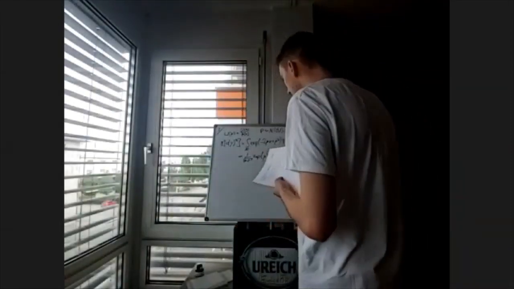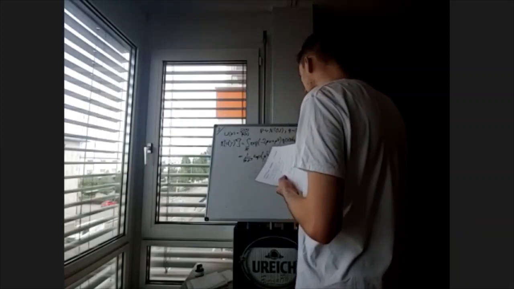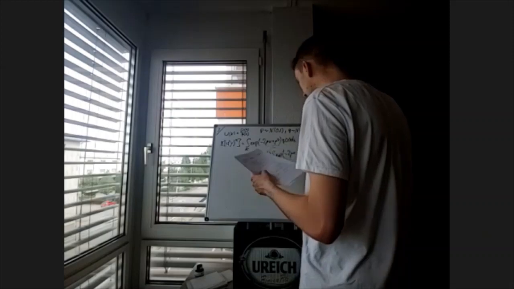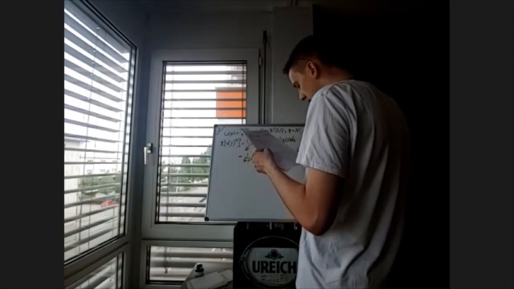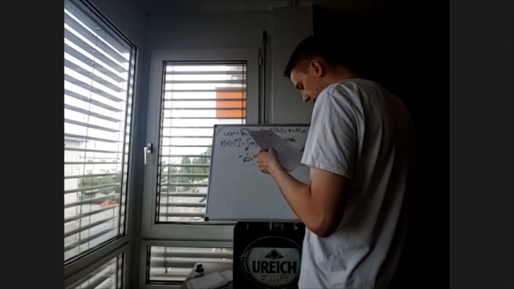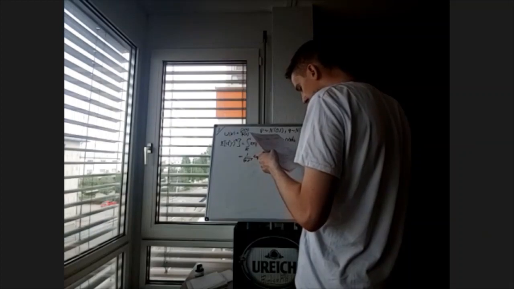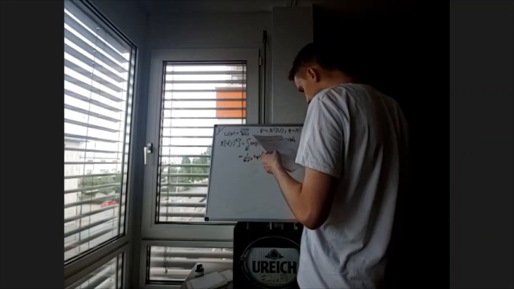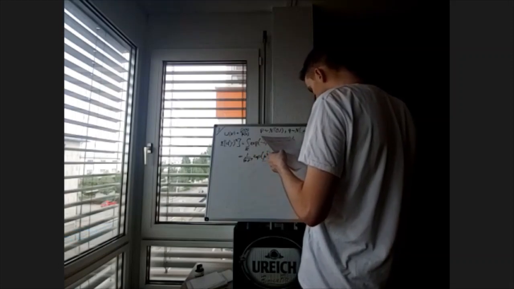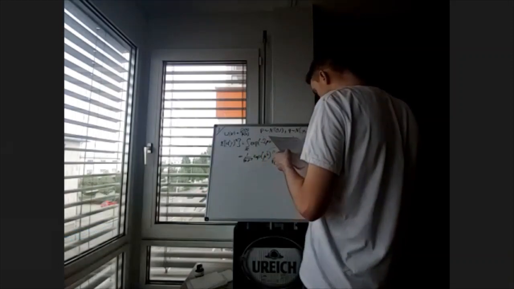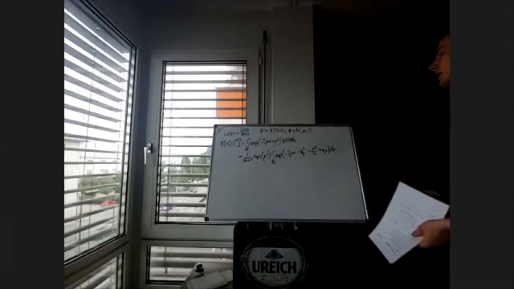Okay, and what's in the integral is the exponential of 2 mu x minus x squared over 2 minus mu squared over 2 plus x mu dx.